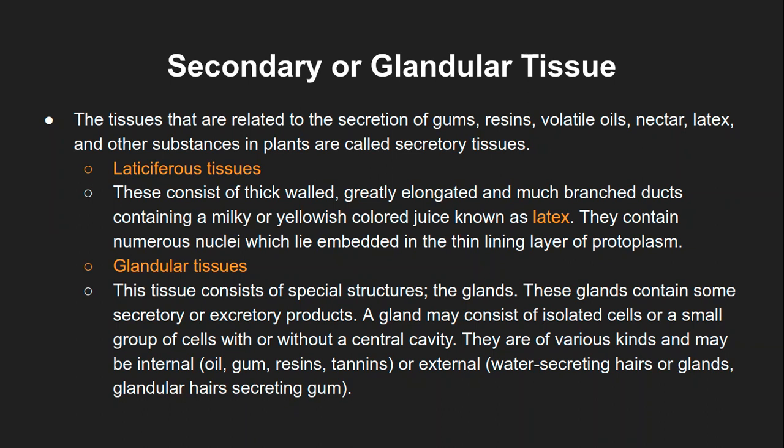Not necessarily will these plants that I mentioned secrete water, but in similar structures in some plants they do excrete water, or some plants do excrete gum, through hair-like structures from the glandular tissues. So that is another type of specialized tissue in the plant. Okay, any question here in terms of glandular or secretory tissues?